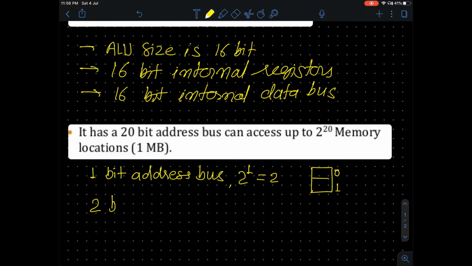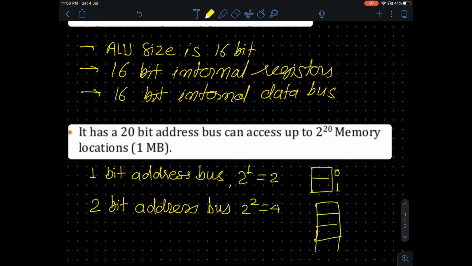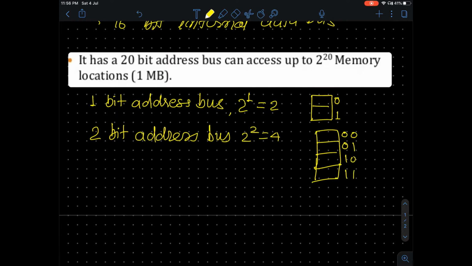If there is a 2-bit address bus, then 2 raised to the power 2 equals 4. In that case, we can address 4 memory locations: address 00, 01, 10 and 11.